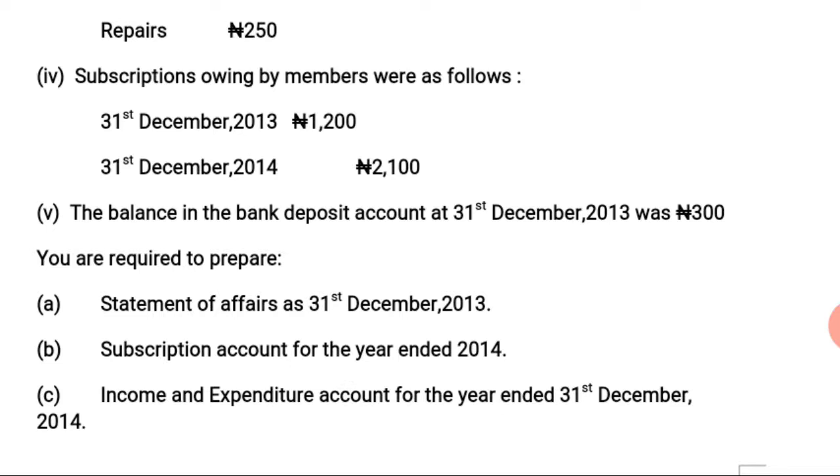The balance in the bank deposit account at 31st December 2013 was 300 naira, so the cash at the bank stood at 300 naira.